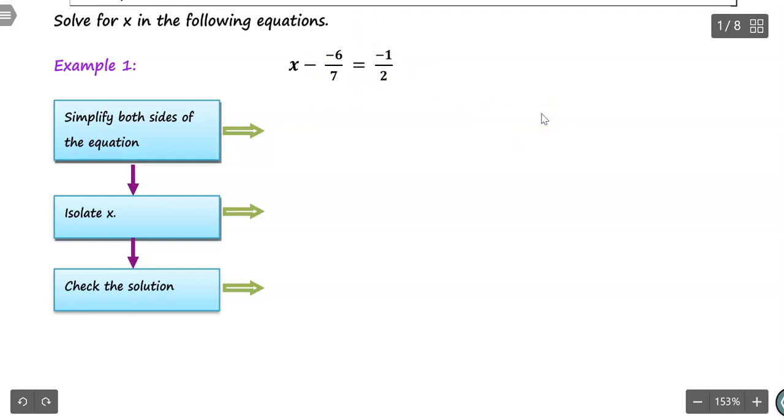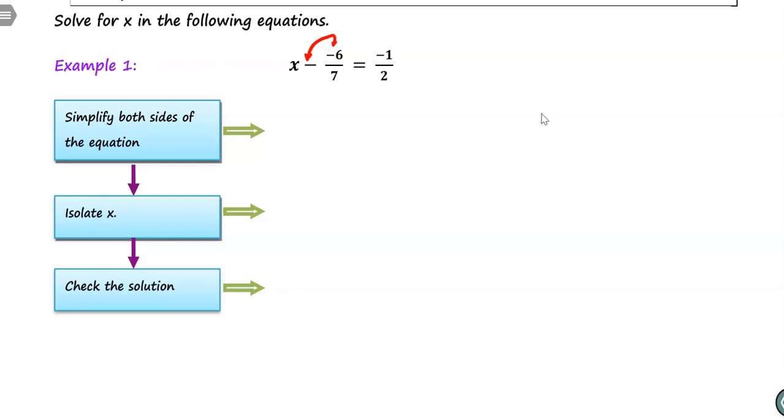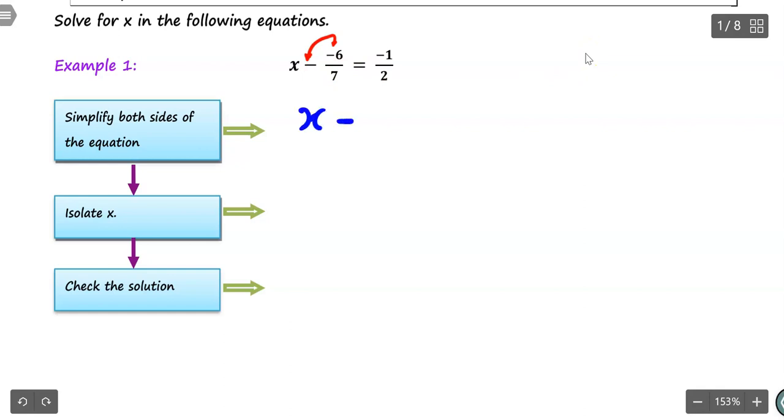Okay, I am going to ask everyone to take a look at the negative sign for the fraction, which is negative 6, and then the subtraction sign. You can take this negative and multiply it with the subtraction sign. In a way, this question could be written as x subtract negative 6 over 7 equal to negative half.